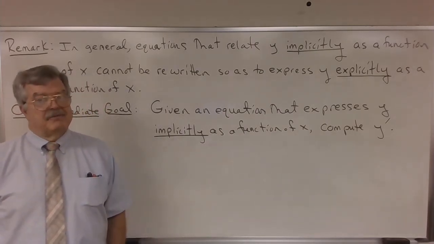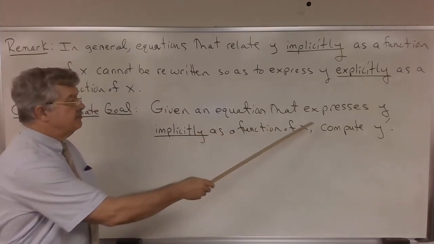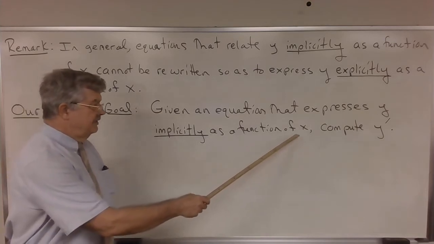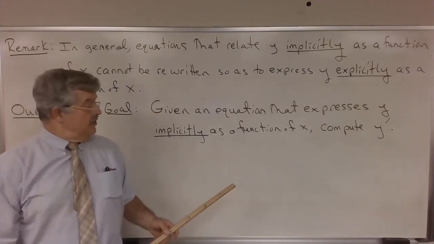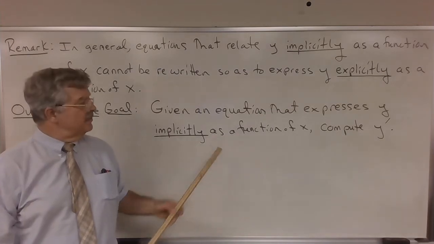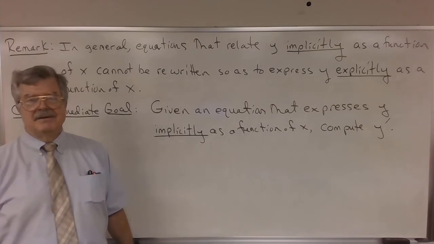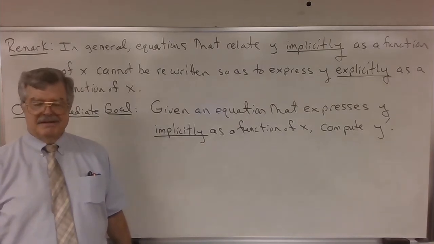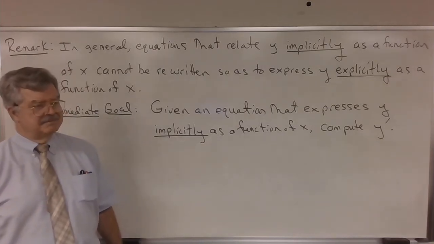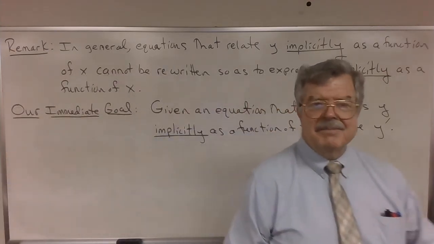Now that seems like a pretty tall order, because given an equation that expresses y implicitly as a function of x, we can't solve for y most of the time, and yet we're supposed to compute the derivative of y? Really? Huh. Well, yep, that's what we're going to be doing.